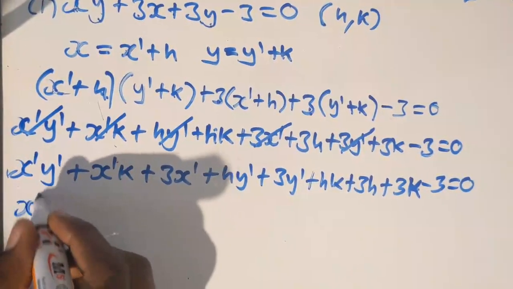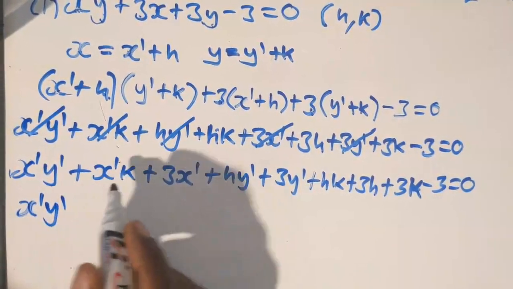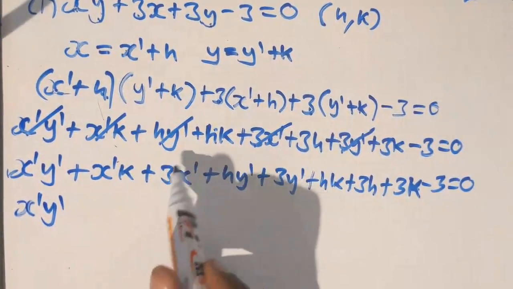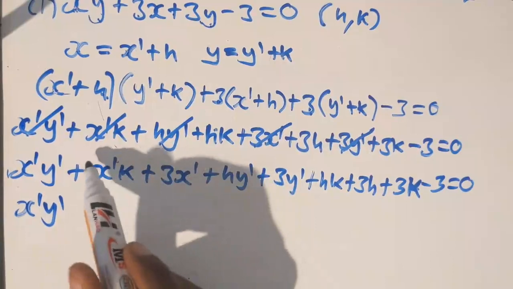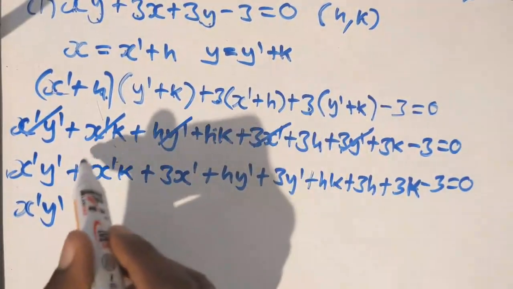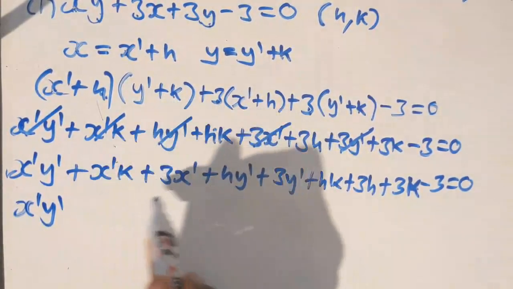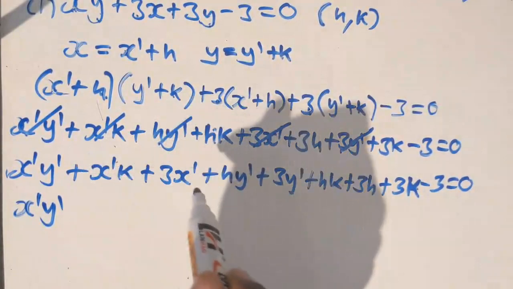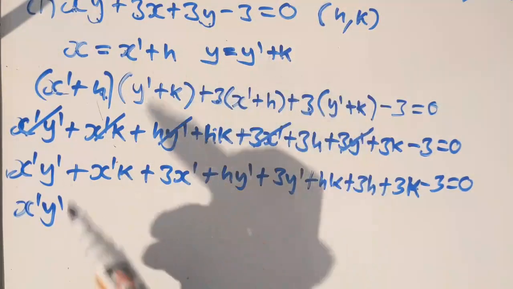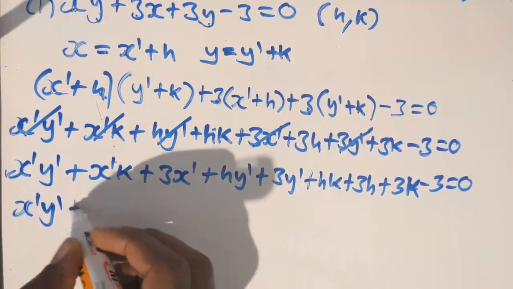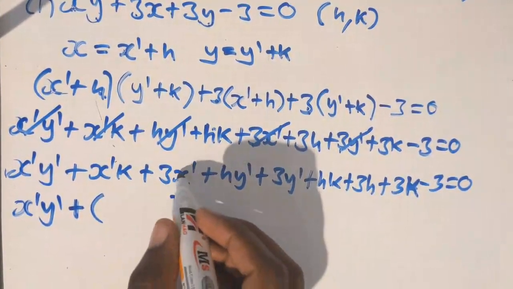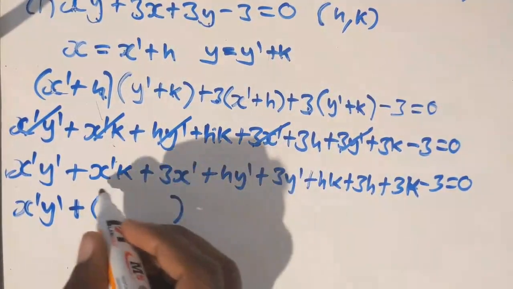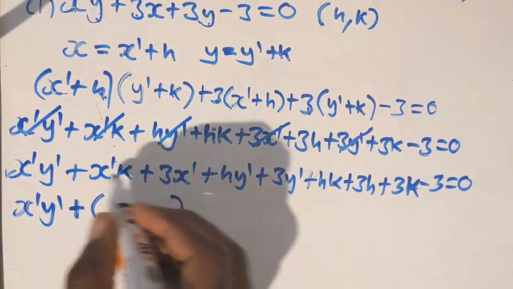So you say x prime, y prime. So now you look at those with x prime. So this has x prime in it, right? So this expression. So how can you factorize this expression? How can you factorize the xy for the x prime? So what you do is say plus, okay, plus, then I said that you put this outside instead of putting it this side, because it is the one which is common.